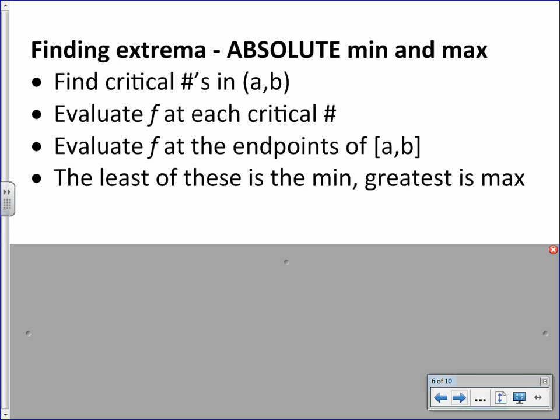That is my absolute maximum. Which function value is lowest? That is my absolute minimum on that interval. So find your critical numbers and then evaluate your critical numbers and endpoints to decide which one is the highest, which one is the lowest. Remember, we are guaranteed to have one of each as long as we are in a continuous closed interval.